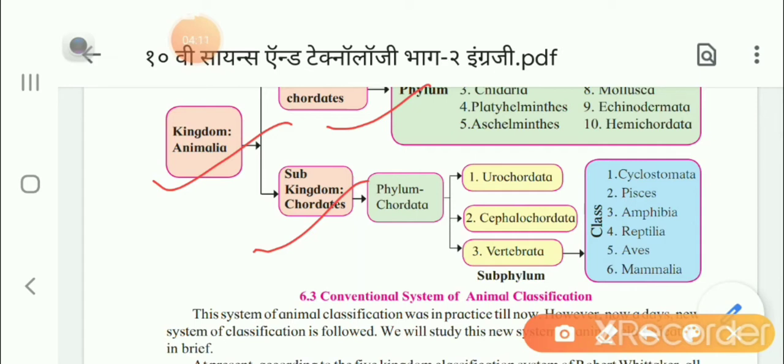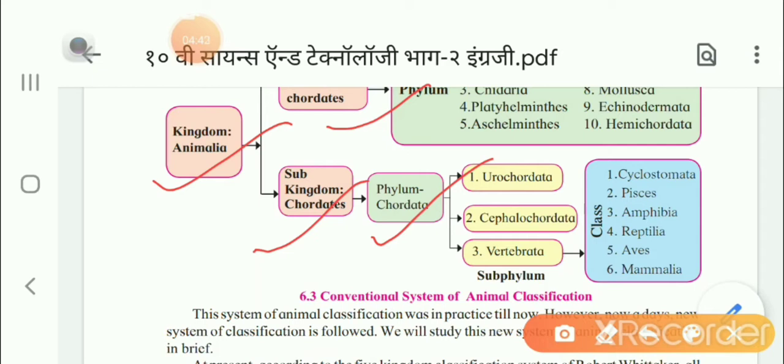Already I told you the method how to learn these 10 phyla. These are further divided into 10 phyla, that are Protozoa, Porifera, Cnidaria, Platyhelminthes, Aschelminthes, Annelida, Arthropoda, Mollusca, Echinodermata and Hemichordata. And then phylum Chordata is further divided into 3 subphyla, that are Urochordata, Cephalochordata and Vertebrata.